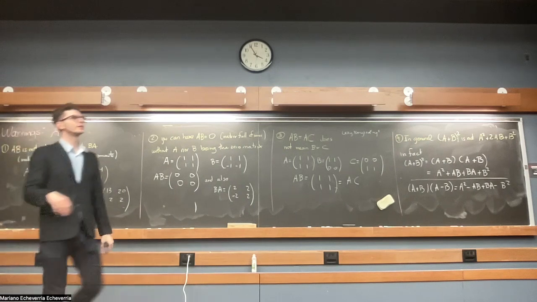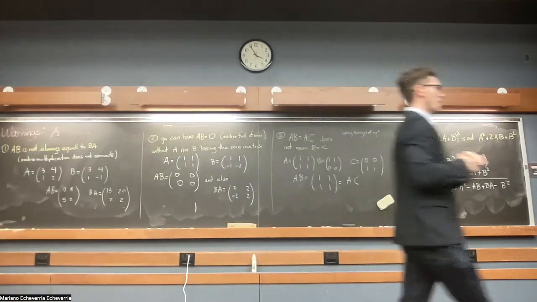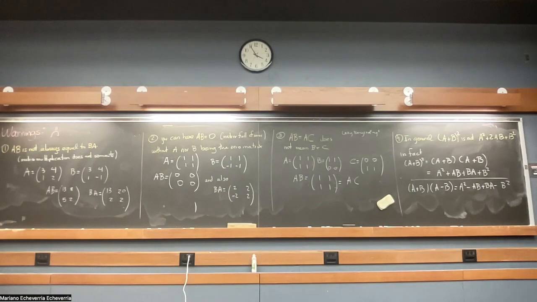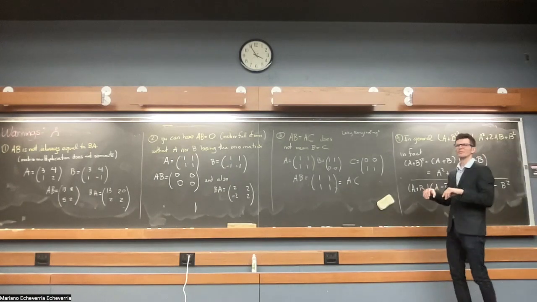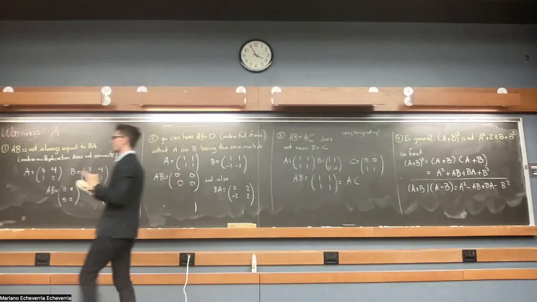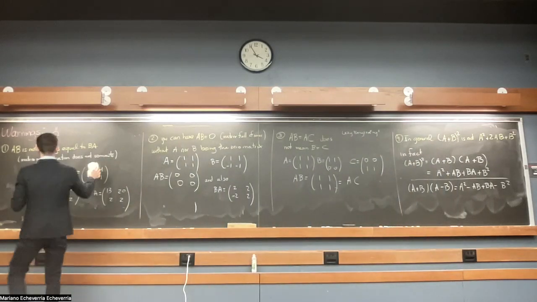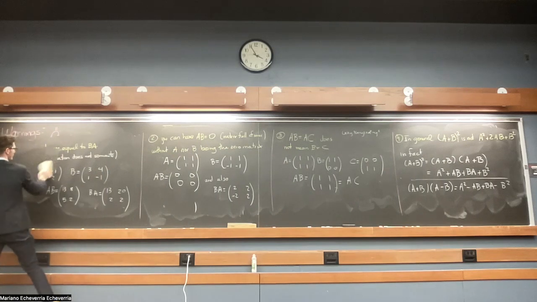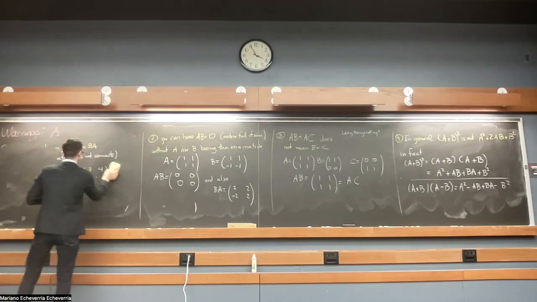Okay, so now just to give you the general formula, and with that we can finish for today. Let me start with an example, and then I'll give you the general formula.